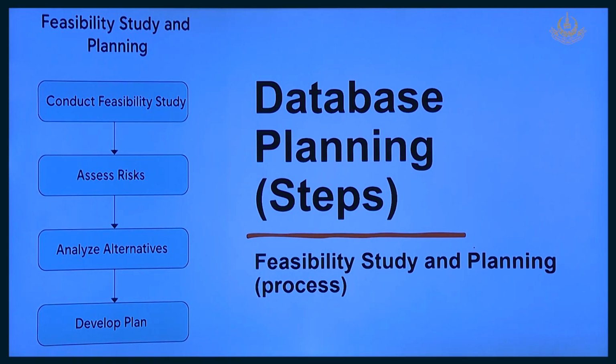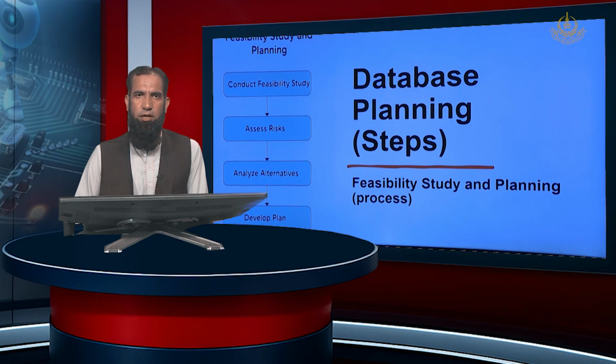Let's go through the process of feasibility study and planning. This step ensures that before we start building the database, we know whether the project is practical and how it should move forward. The process can be broken into 4 main steps.